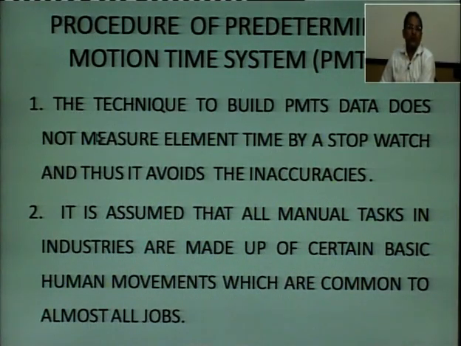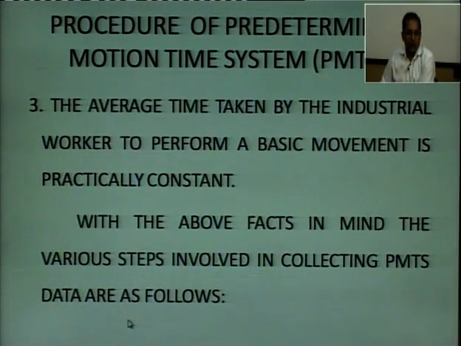Procedure of predetermined motion time system. Number 1, the technique to build PMTS data does not measure element time by a stopwatch, and thus it avoids the inaccuracies. Number 2, it is assumed that all manual tasks in industries are made up of certain basic human movements which are common to almost all jobs.